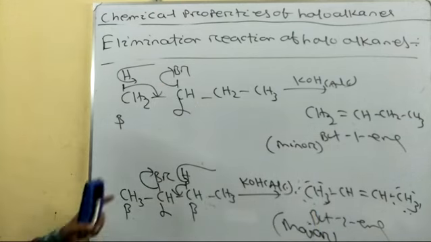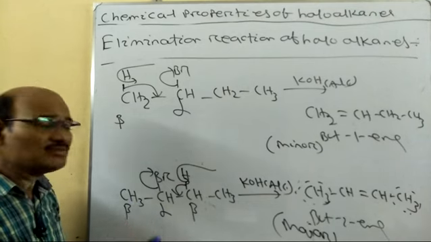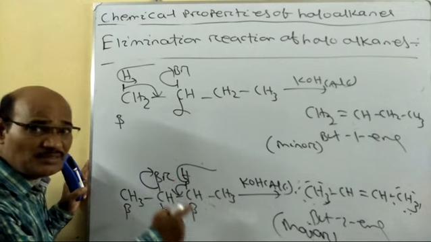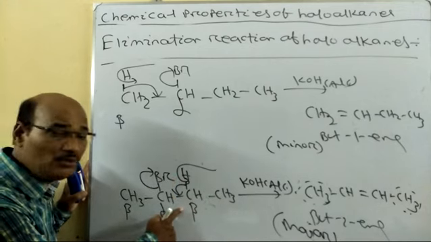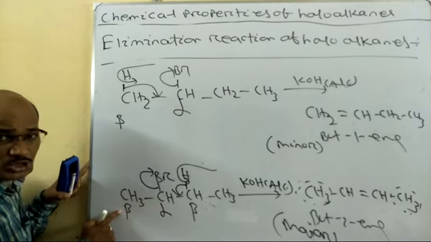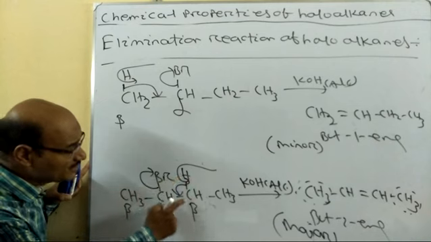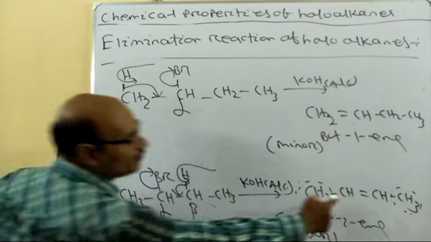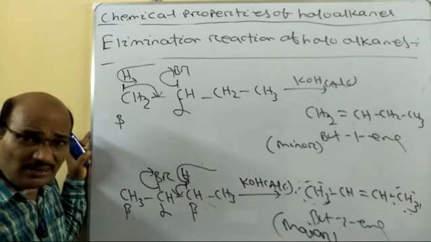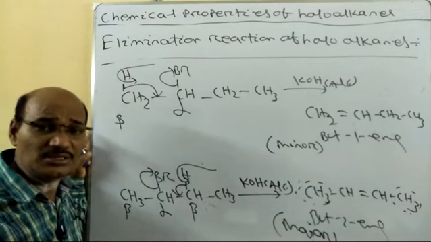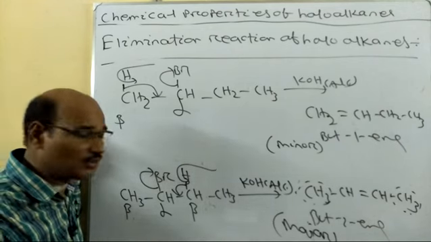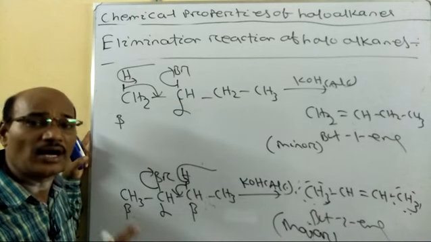So whenever elimination takes place in an unsymmetrical haloalkane, the hydrogen atom is preferentially eliminated from that carbon which has fewer hydrogens. You will see this carbon has 2 hydrogens, this carbon has 3 hydrogens. So when I remove the hydrogen atom from the carbon having fewer hydrogens, I am getting the more substituted product.